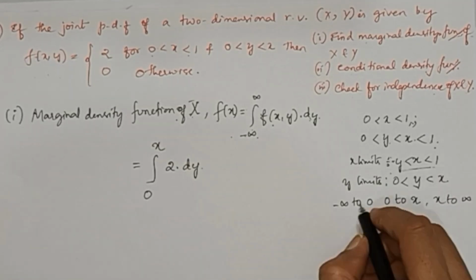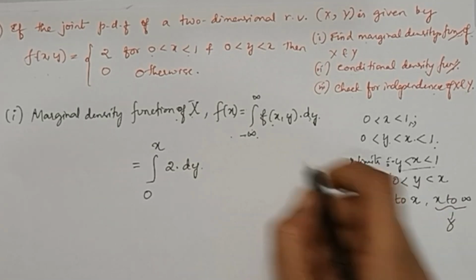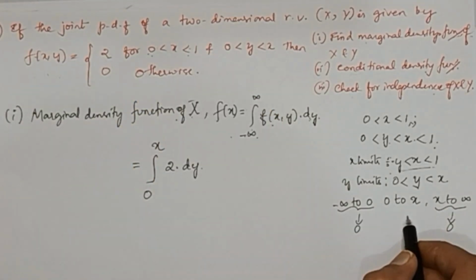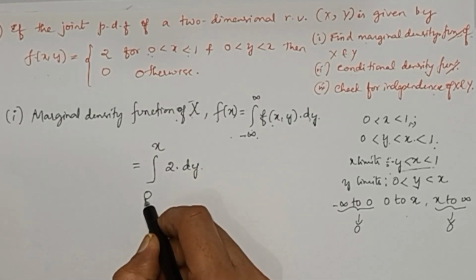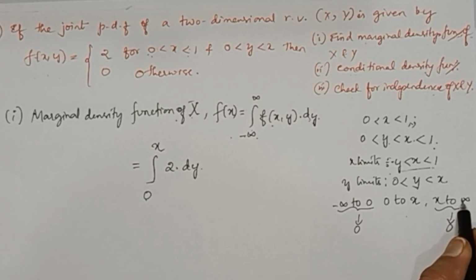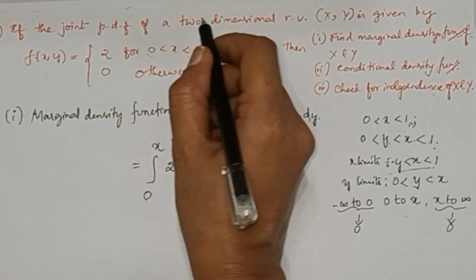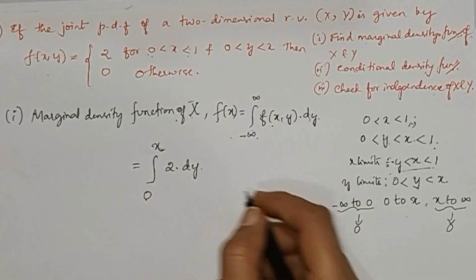At all these other values the function is 0, and if x is between 0 and 1 the function value is 2. That's why I have taken the integral from 0 to x. Actually the integral is from 0 to 1, then 1 to infinity, but x is between 0 and 1, so I'll write the y limit in terms of x, with dy.